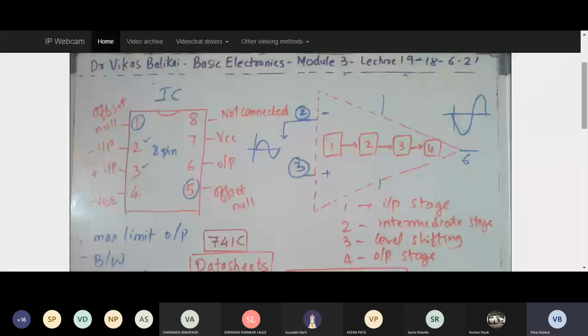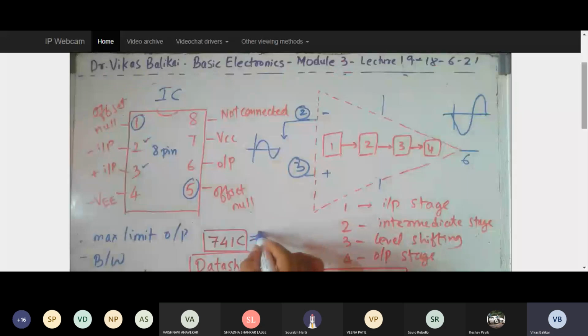In most ICs, one pin will be left unattended, so that in case I want to do some extra things with that IC, I can take out that pin and do those activities. As of now, pin number 8 is not connected. The pin configuration of the IC structure that you can see over here is that of IC 741C.